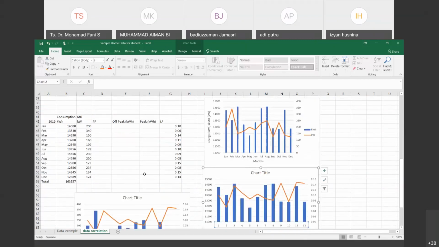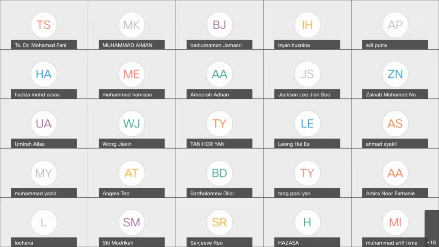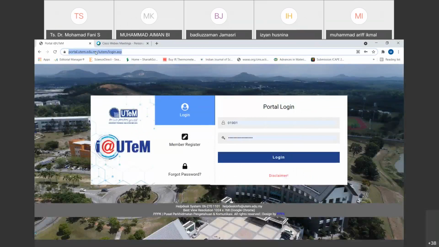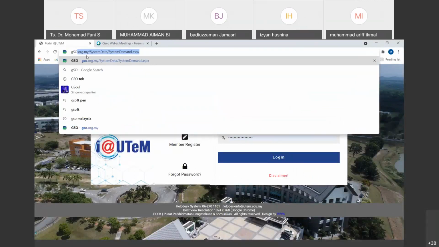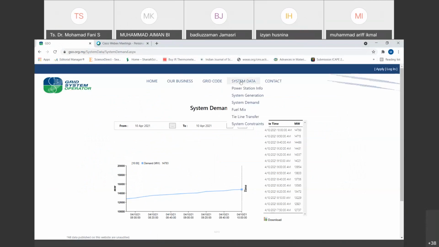Okay, where to see the total maximum demand for Peninsular Malaysia? We can go to the GSO website, grid system operator.